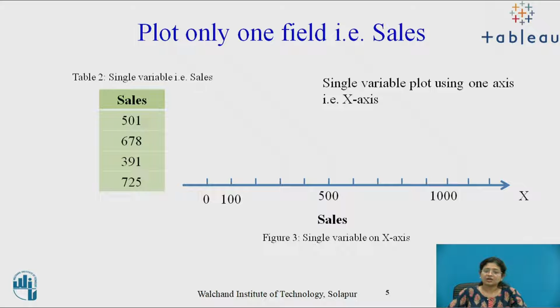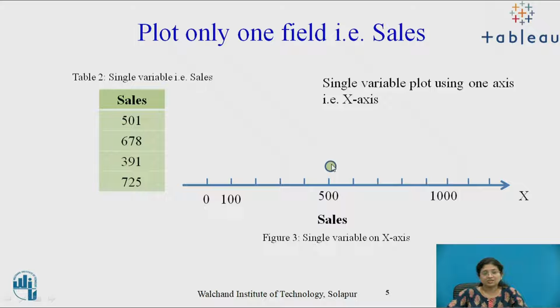Here I have plotted these values on the x axis. The values vary from 391 to 725, so I have taken the scale as 0 to 1000. Look at the first value, sales of $501,000; it is somewhere here after the 500.